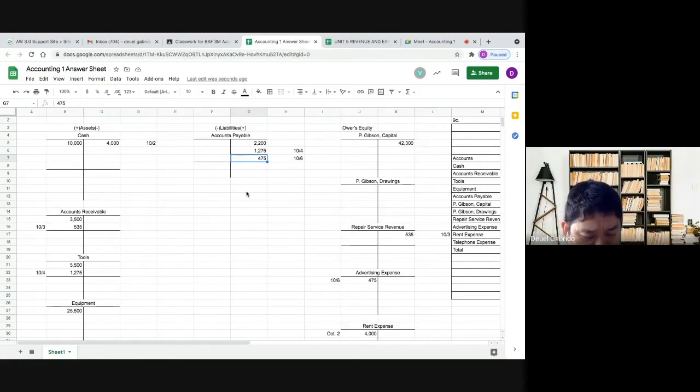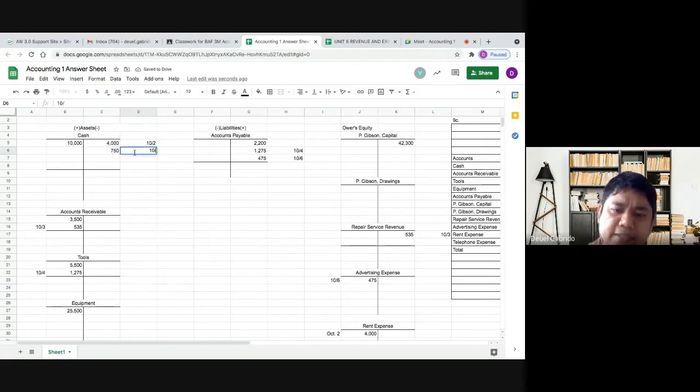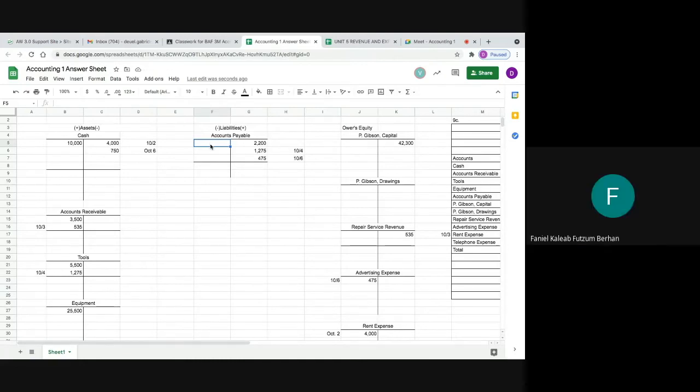The next one, paid Auto Supply 750 for amounts owing to them. So in short, we owed Auto Supply before and we are paying cash to them right now. So cash will decrease by 750 because of the payment. This is 10/6. And then of course the accounts payable will go down because it says that we are paying 750 of the accounts payable. Is that 10/8 beside 475?